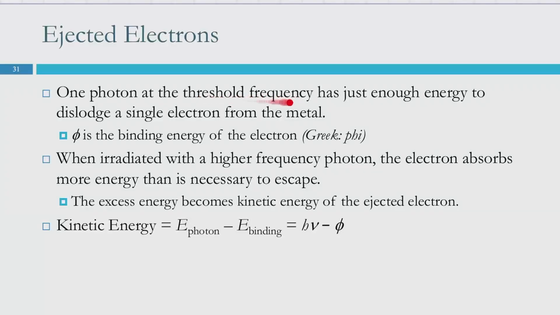If it's at the threshold frequency, it has just enough energy to dislodge a single electron from the metal. And we give this Greek letter phi, we call this the binding energy of the electron. So that's basically how well the electron is held. A really high value means that electron is not going anywhere. A really low value means it's really easy to dislodge the electron.